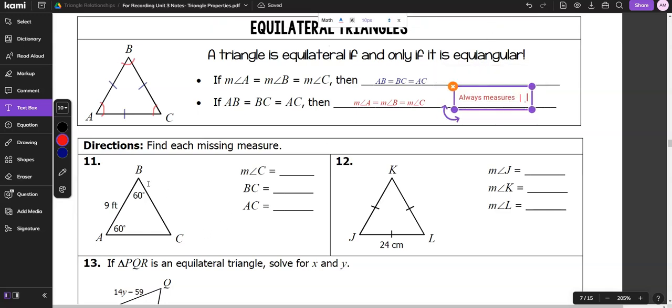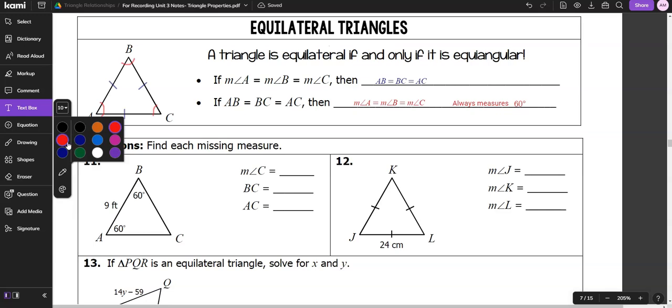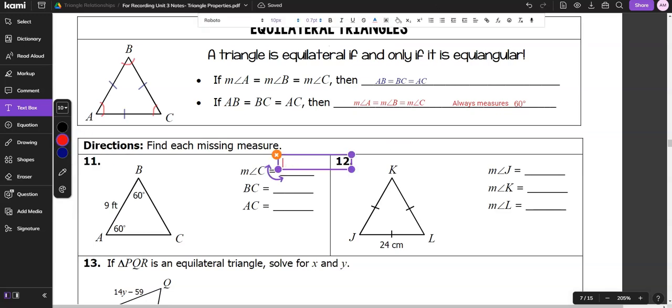Let's use this information. So we can see that on number 11, angle A is 60 degrees, angle B is 60 degrees. If angle A and angle B are both 60 degrees, then of course angle C must be 60 degrees. That is the only way that will work out. So we're going to say that the measure of angle C is 60 degrees.